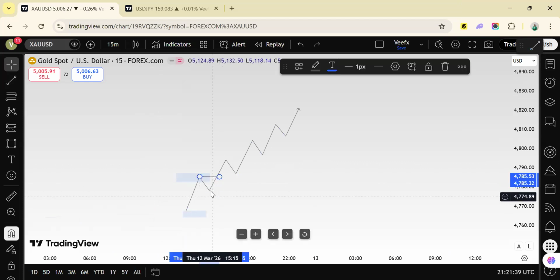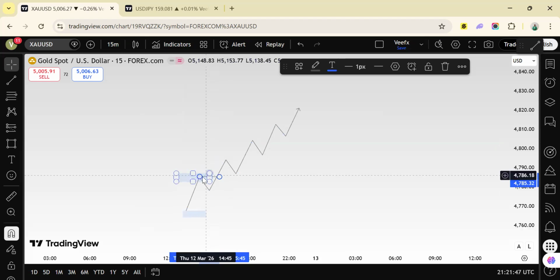What happened when price was making a move to maintain that uptrend? It broke that high, which is what we call a break of structure. So price breaking out this key level to the upside is what the break of structure means.